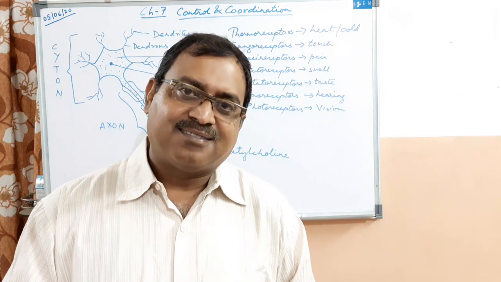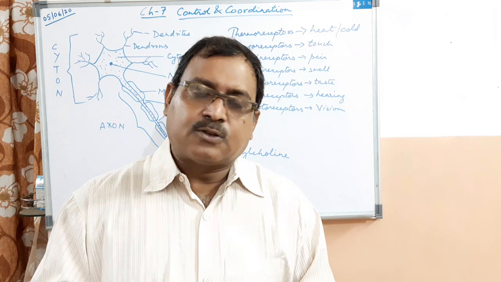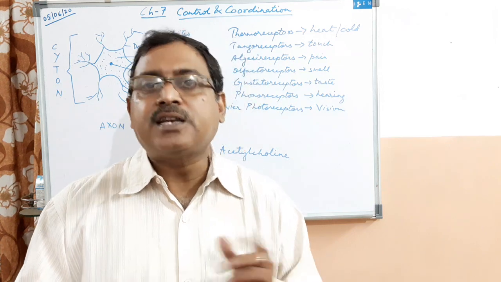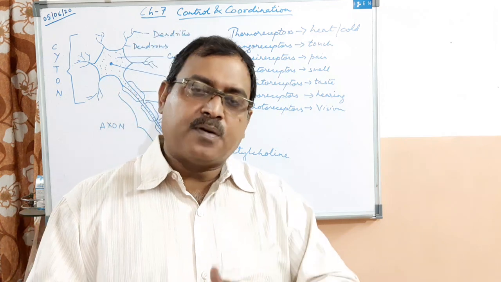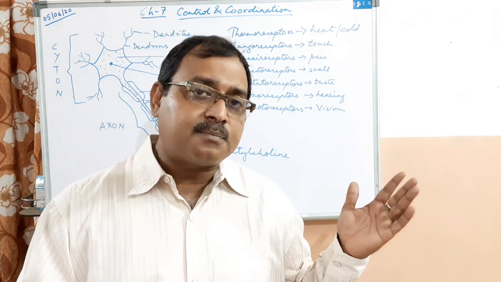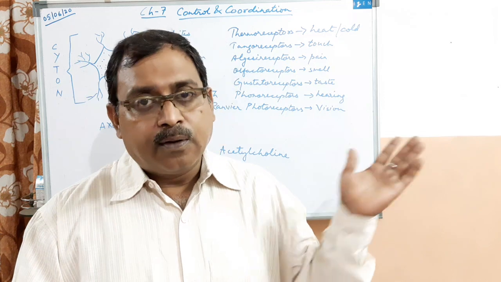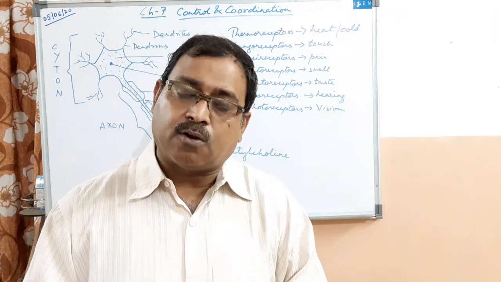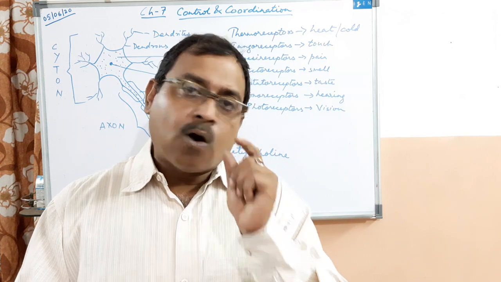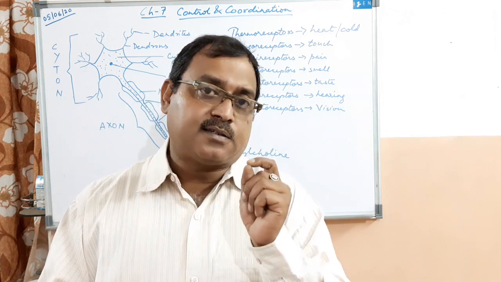Okay, children? So this is how the functioning of the neuron occurs. How messages are sent towards the central nervous system, and how messages are sent back from the central nervous system to the effector organ. Now remember, all these are through electrical impulse.